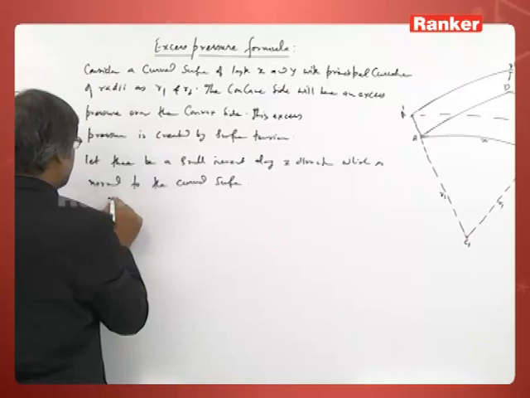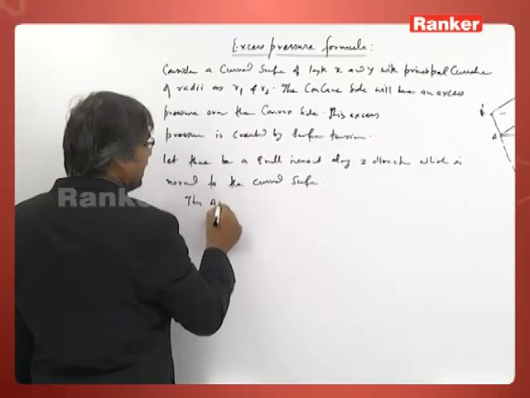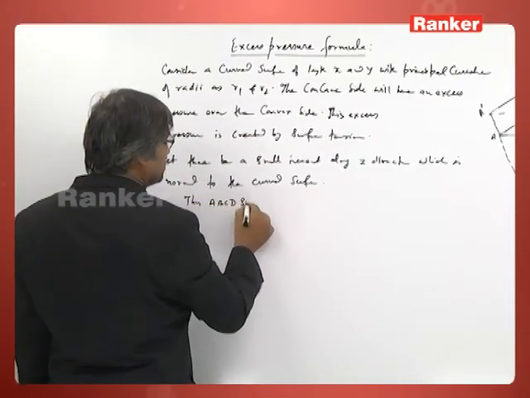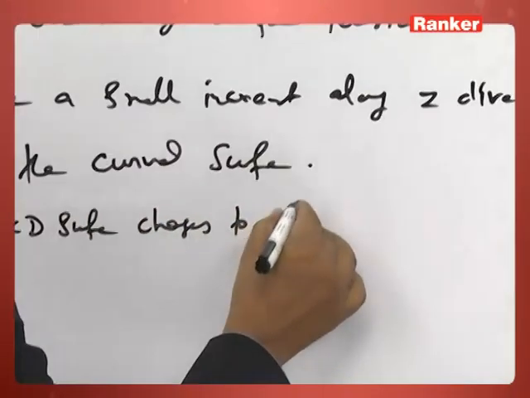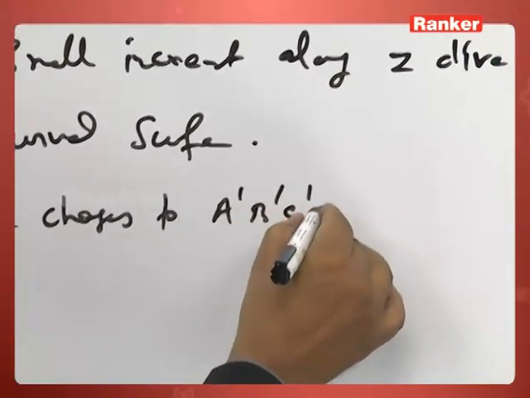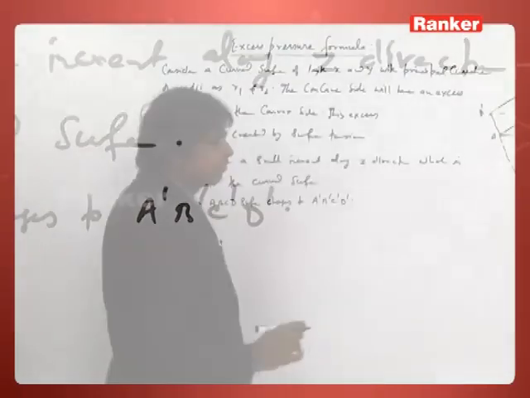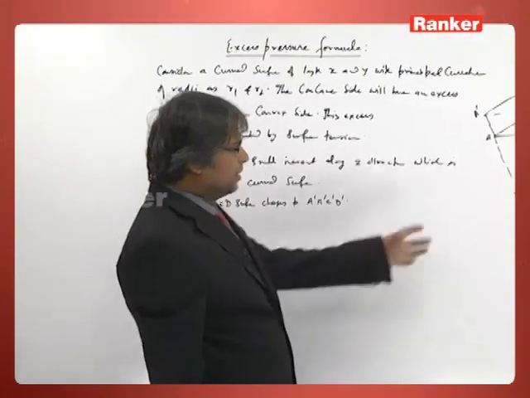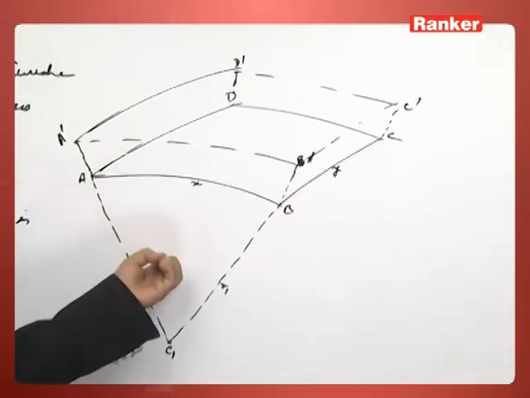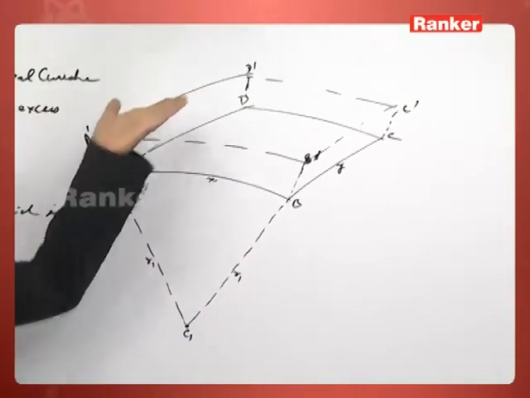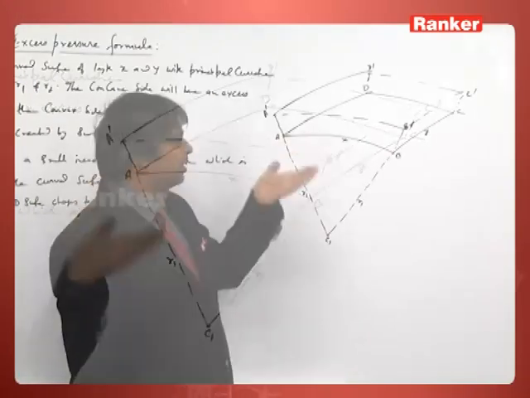Thus the ABCD surface changes to A dash, B dash, C dash, D dash. So, let us imagine the small increment in internal pressure has shifted this surface slightly upward.